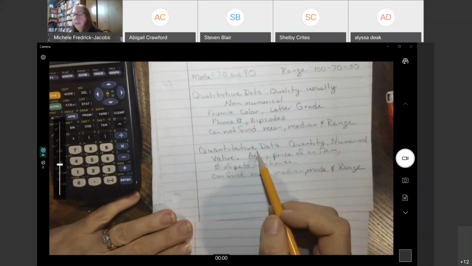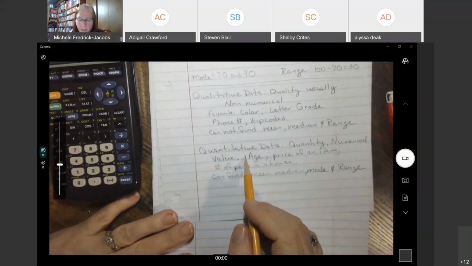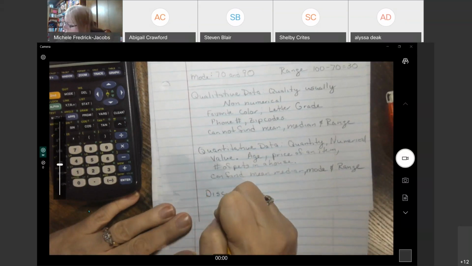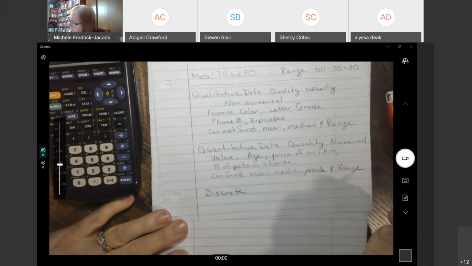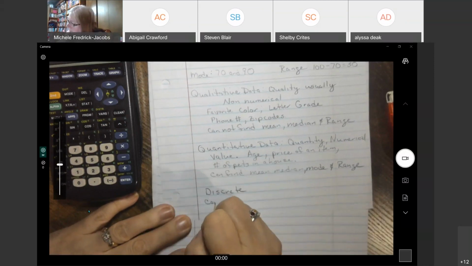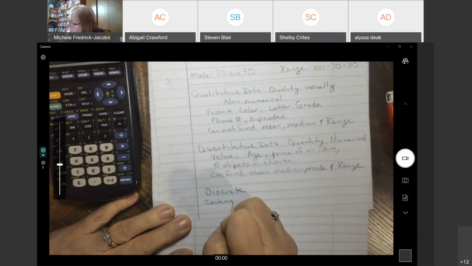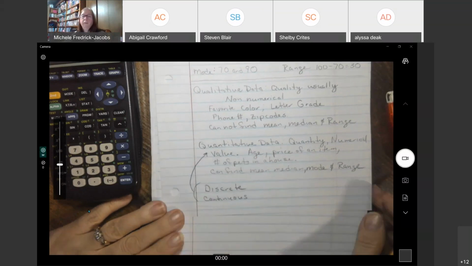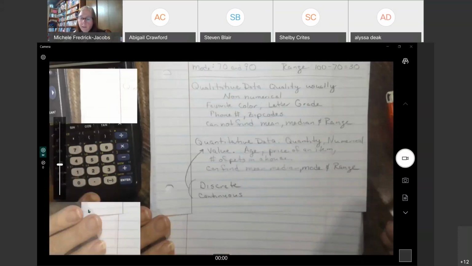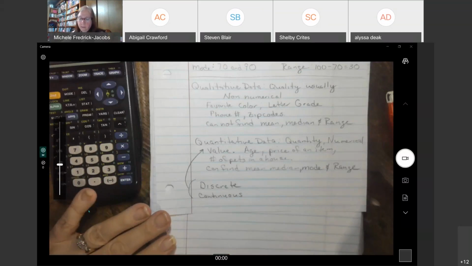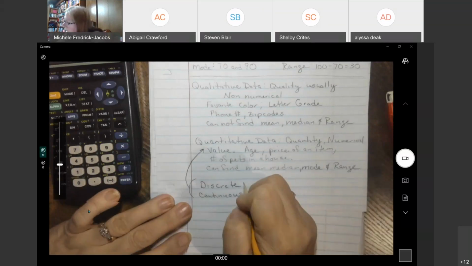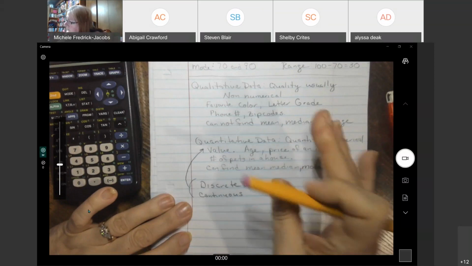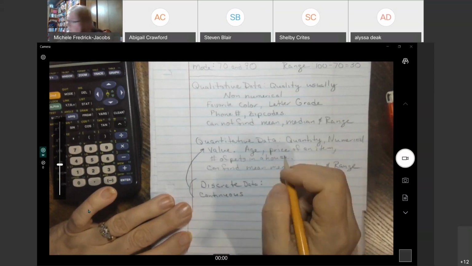Now, when we have quantitative data, there's two different types of quantitative data. There's discrete and continuous. These are both quantitative because they're a number. Discrete data are integers.